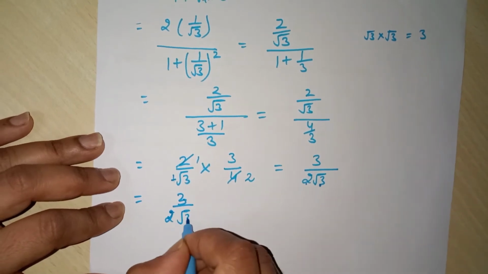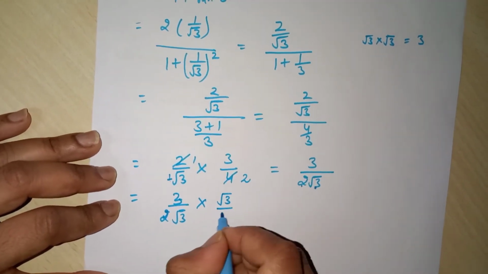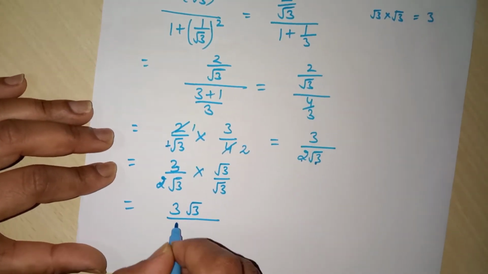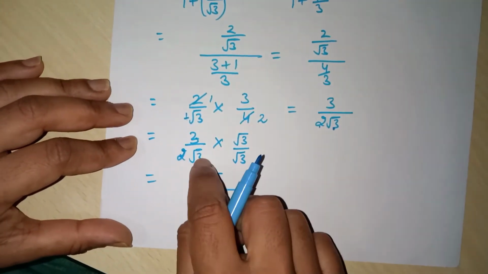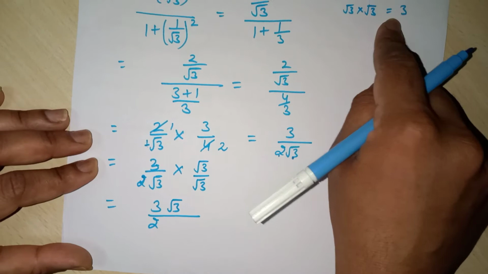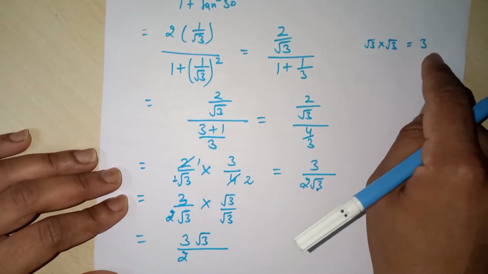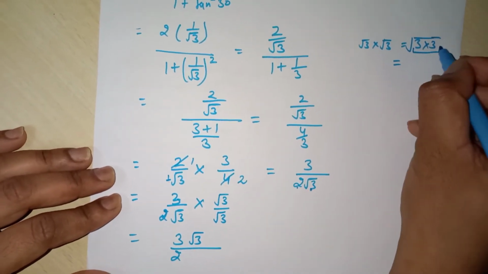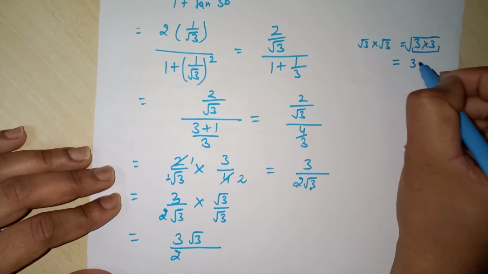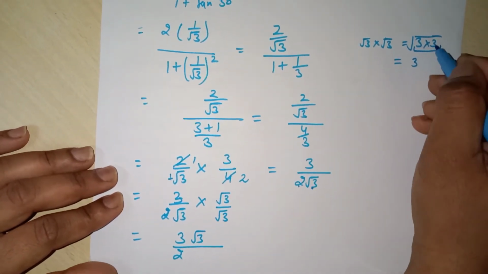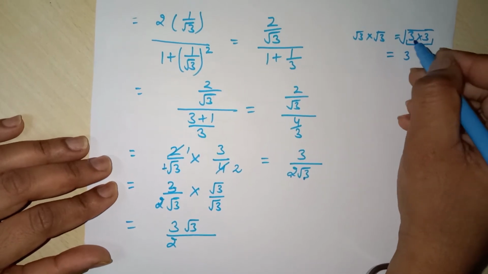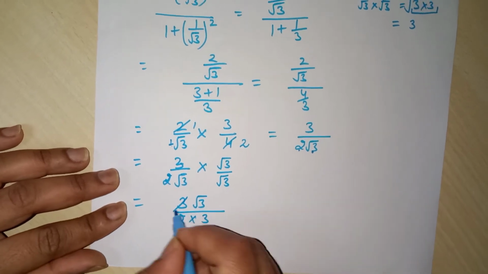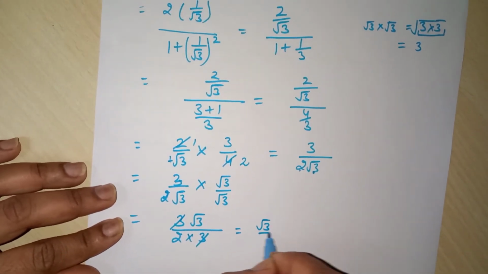We will rationalize here. इसको rationalize करेंगे तो आपके पास यहाँ पे क्या बन जाएगा, 3 under root 3 by 2 times 3. अब 3 under root 3 मल्टीप्लाई बाई under root 3. क्या आपको बताया था मैंने, under root 3 multiplied by under root 3 is equal to 3, because when they are both multiplied then the square root of 3 cross 3 will be 3, because when we find the square root of any number we take one number out of the pair. So here we will get 3. Now this 3 goes with this 3 and we are left with 3 under root 3.